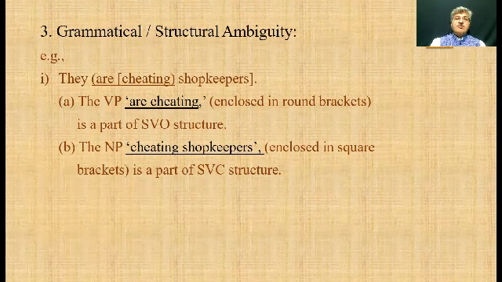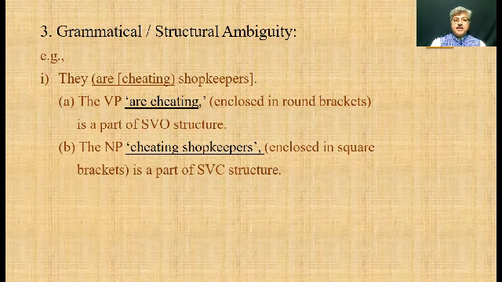The third type of ambiguity is grammatical or structural ambiguity. For example, they are cheating shopkeepers. The first meaning is that the verb phrase, are cheating, which is enclosed in round brackets, is part of an SVO structure, that is subject, verb, object.